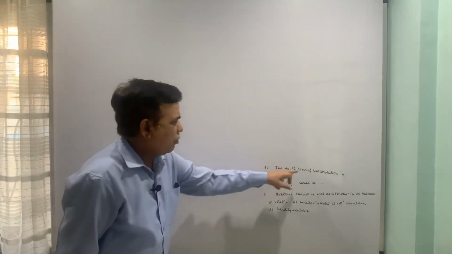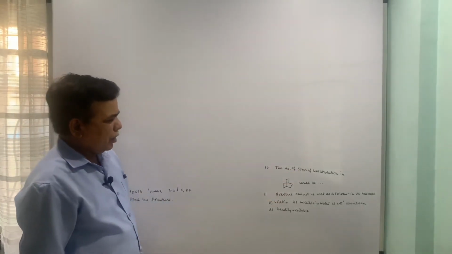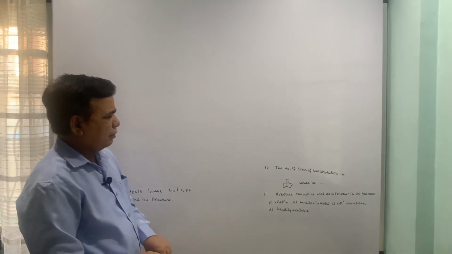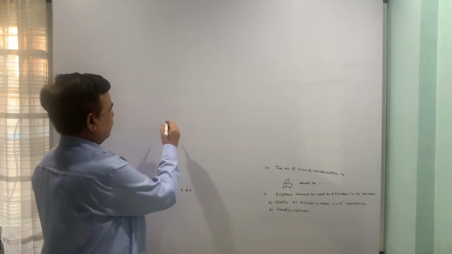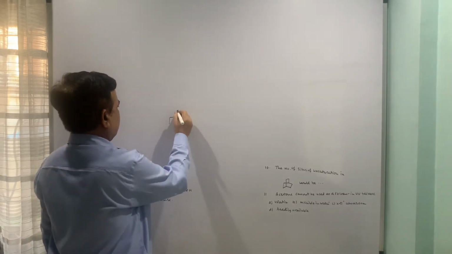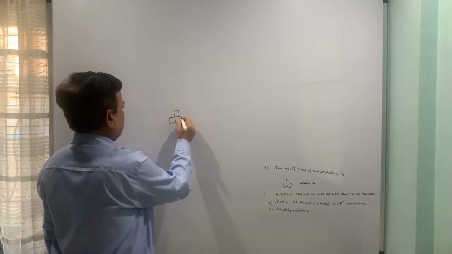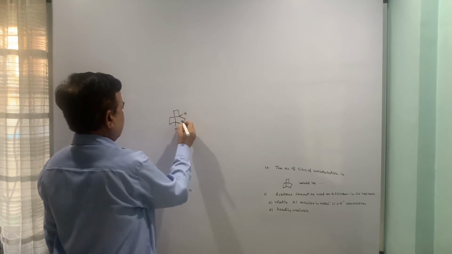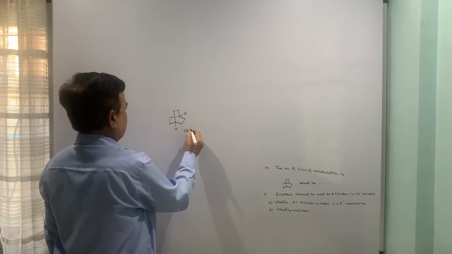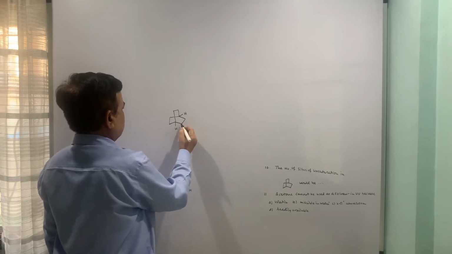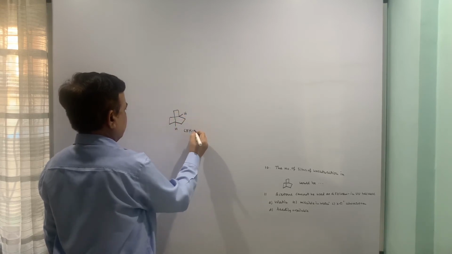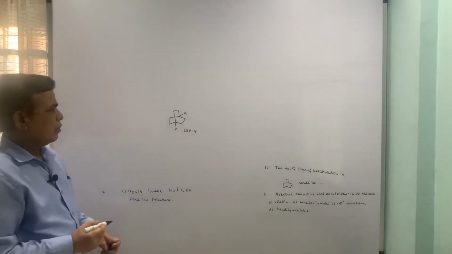So the number of sites of unsaturation in this molecule. Now you can calculate it. If you want, you can calculate it with the carbon hydrogen number also. So 1, 2, 3, 4, 5, 6, 7, 8 carbons, C8, and hydrogens 2, 4, 6, 8, 10, 12, 14.